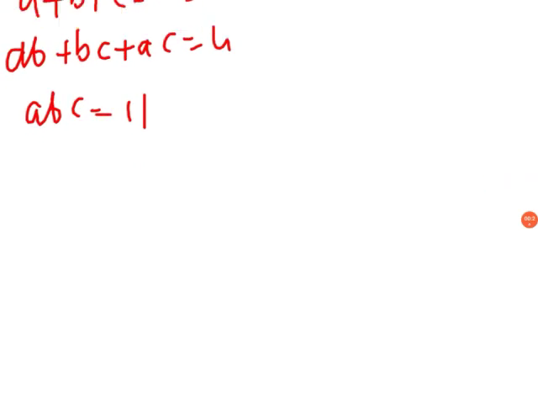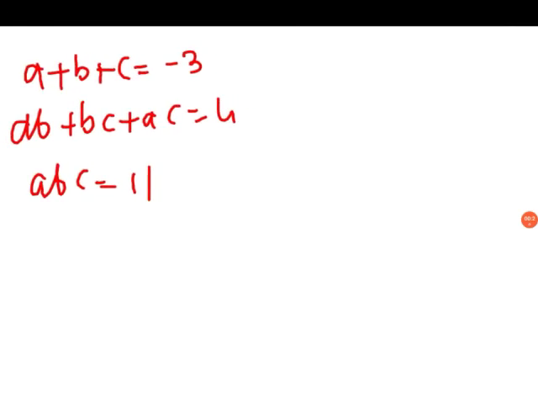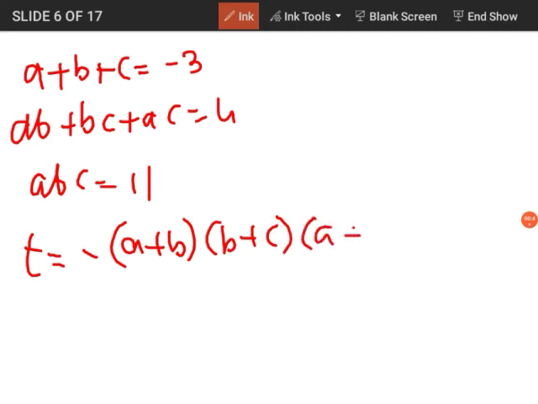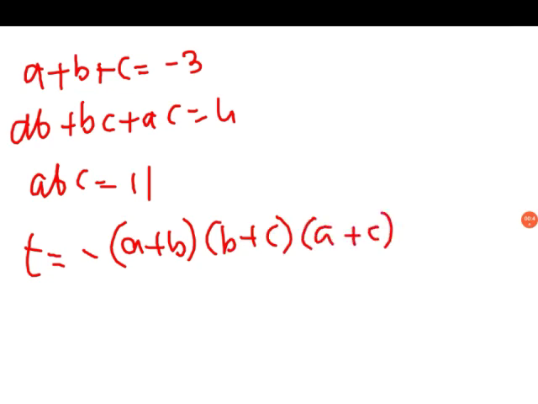Now let us move on. Now in the second equation we were asked to find t. Now you can directly find t with the relations. Now t will be nothing but minus of a plus b multiplied by b plus c multiplied by a plus c, correct?